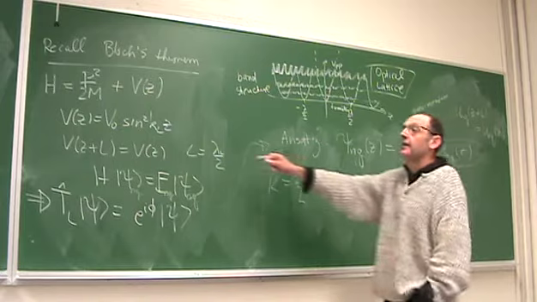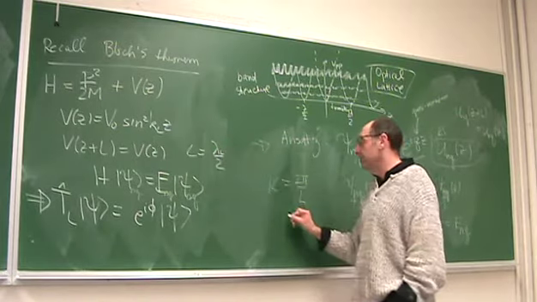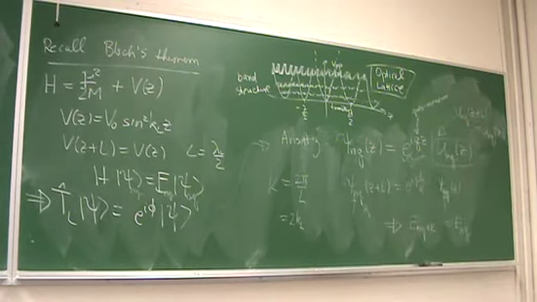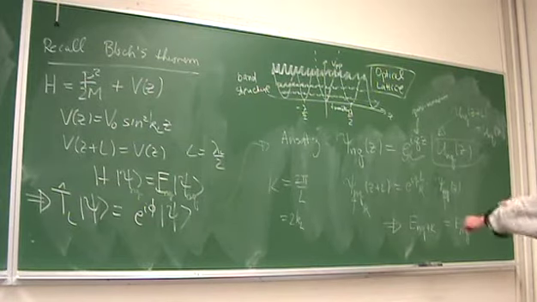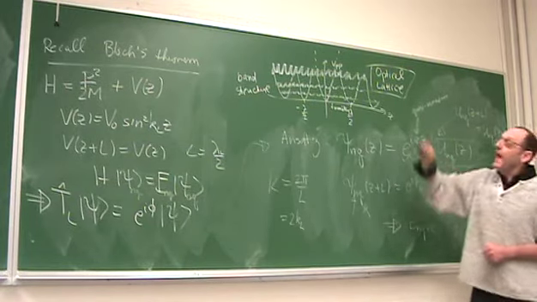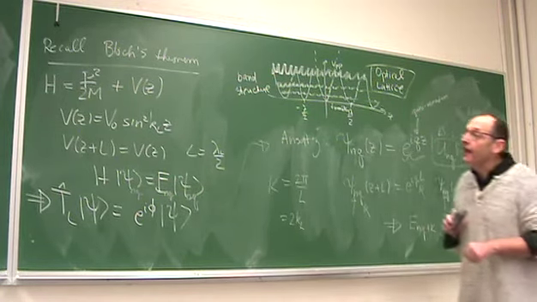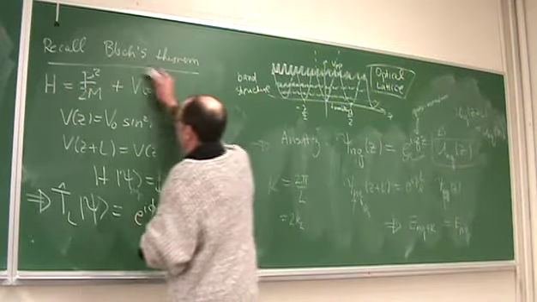In our case, L is lambda over 2, so this equals twice the laser wave number in the particular case that we're looking at the moment. So if I were to sketch what the energy eigenvalues are as a function of Q for different values of n, they have the following form.